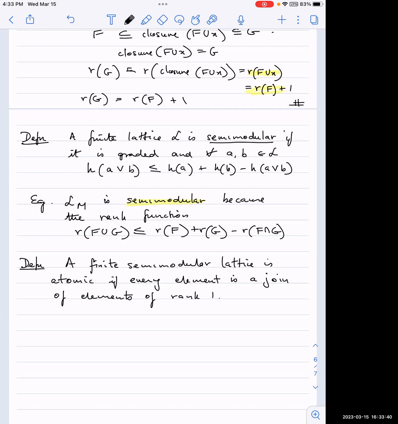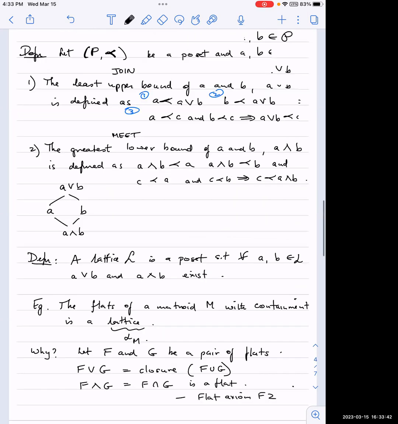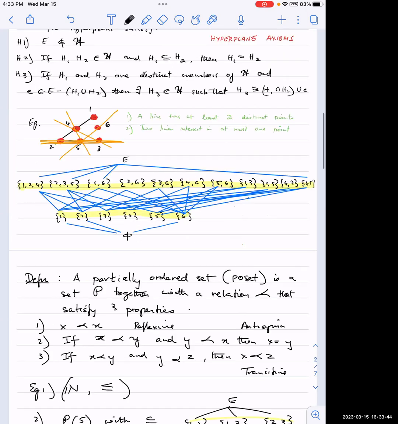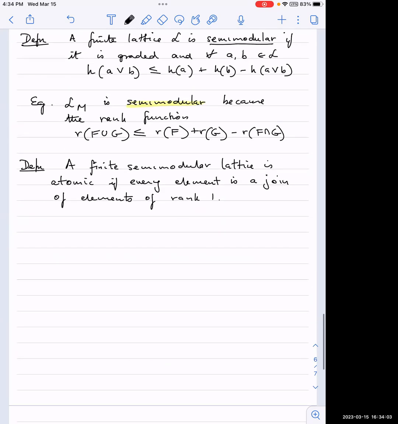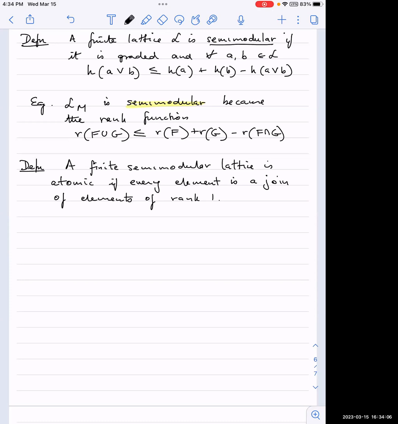And intuitively, that's just obvious, but you have an explanation to go through. All our flats are basically unions of 1, 2, 3, 4, 5, 6. And that's what makes it atomic. And our example L of M is atomic.